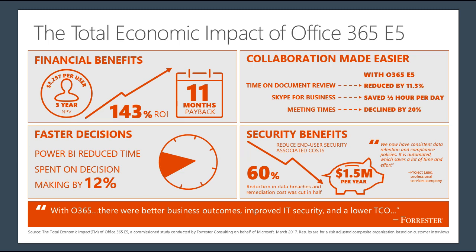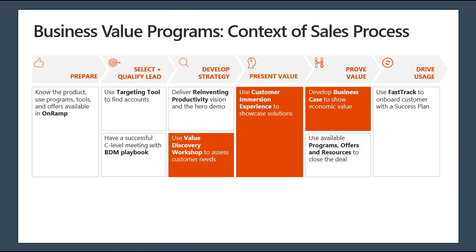When we think about the business value program, in terms of how and when we present which parts to customers, we typically think about it as a journey, right? So starting all the way from the left, where you don't really know who your customer is or what the contact is, all the way to driving consumption on the very right-hand side. And the business value program sits right in the center of that journey.